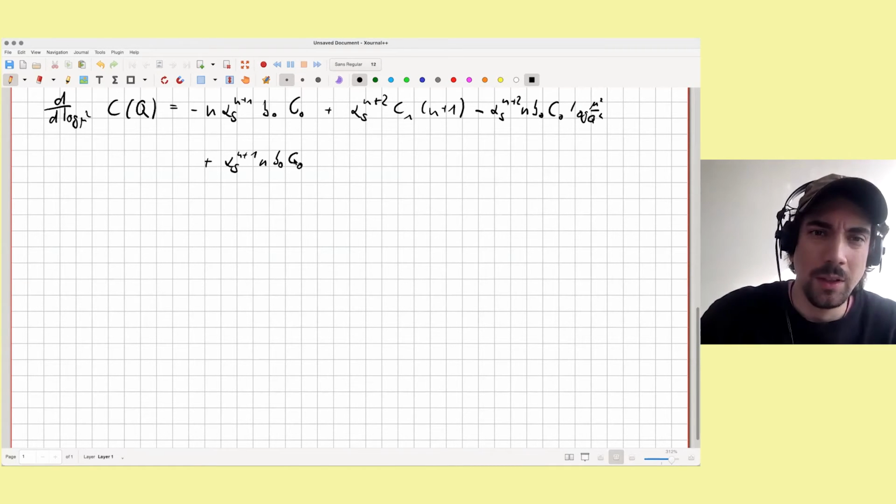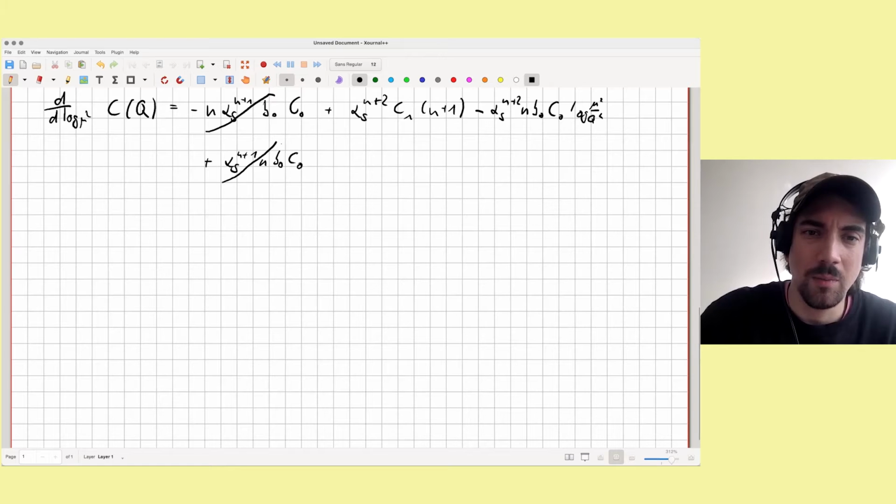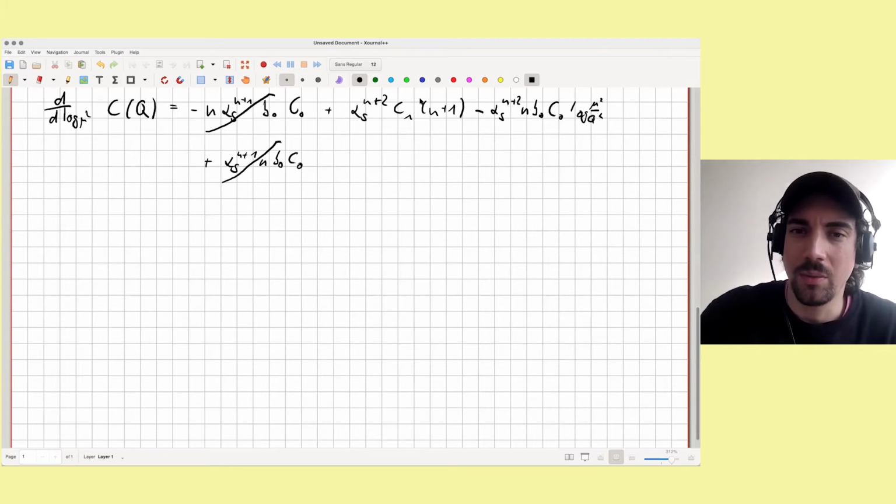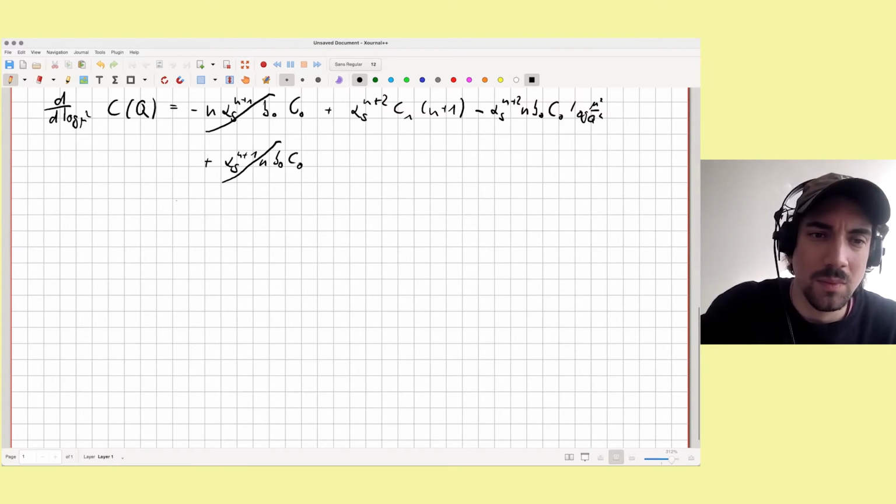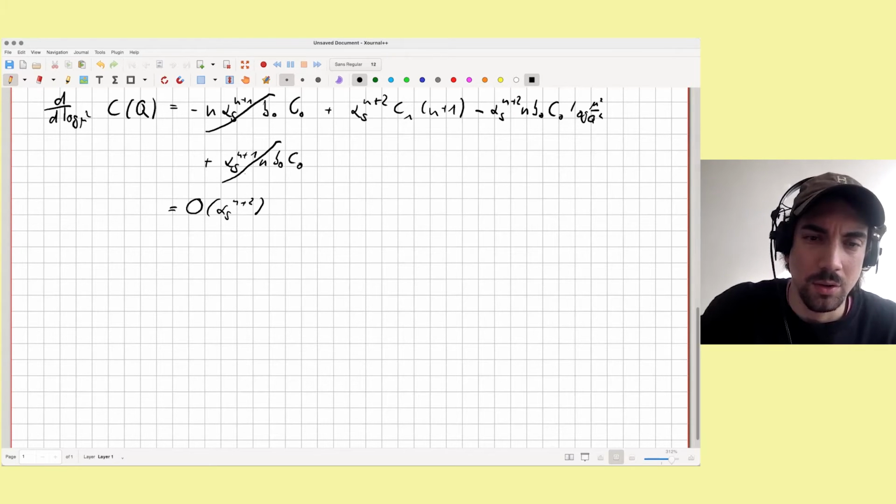Then here we readily see that this term here cancels against that one here. So we're only left with the higher order terms. So these are indeed as we set out to show.